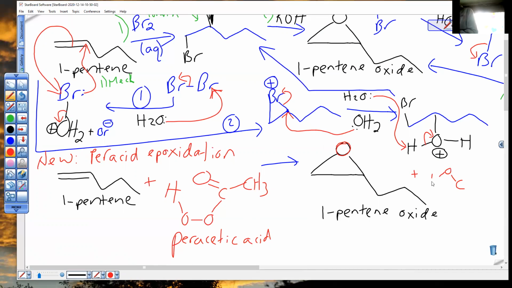And I'm drawing it this way for a reason, to try to help guide us through the mechanism. I have the hydroxy portion of the carboxylic acid on top here, and it used to be the carbonyl. The proton used to be here. It ended up there.